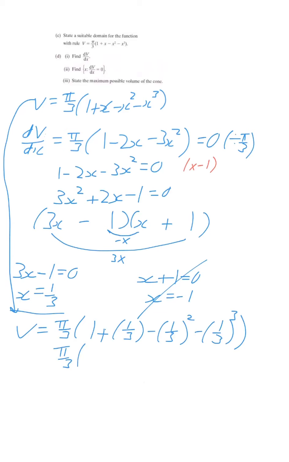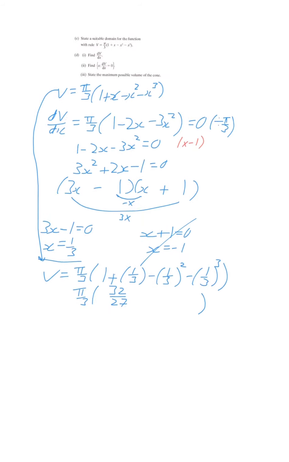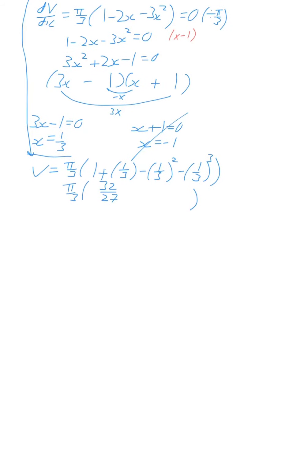Okay, so when I put all of this into the calculator, that gets me 32 over 27. Now, multiplying this by pi over 3, that will get me 32 pi all over 81. So this is my maximum volume.